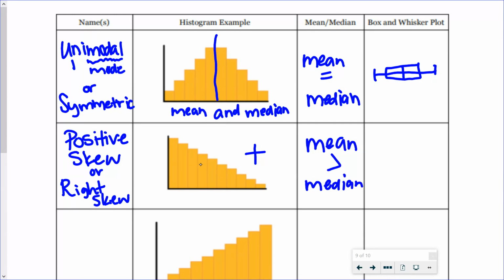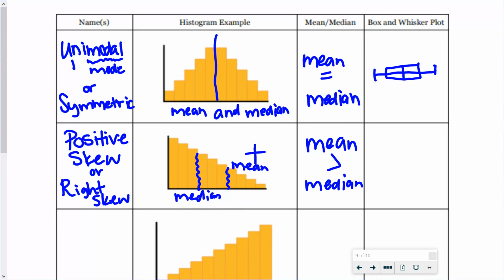So our median is going to be somewhere over here when you're finding that exact middle. But these high numbers are going to influence our mean, or our average, when you're adding them all up and dividing. So our mean is a bigger value than our median.